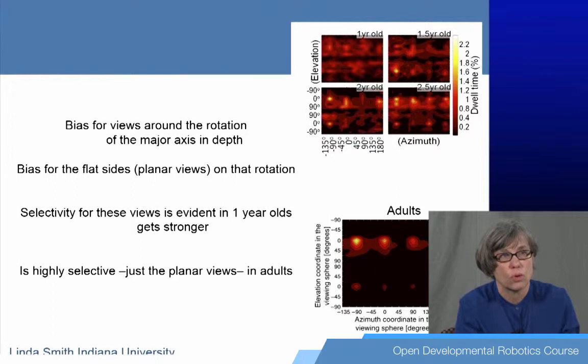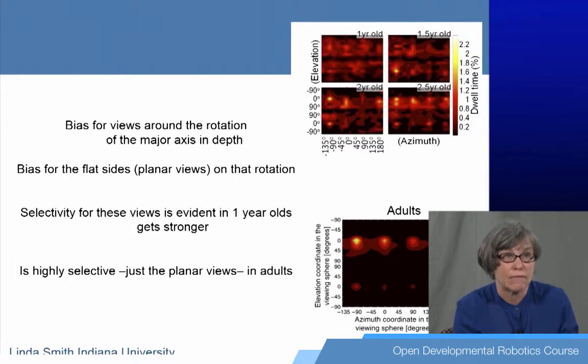So why is this important? This bias for views around the rotation of the major axis in depth is generating the visual statistics on which 3D object recognition will depend. The bias for the flat sides, the planar views on that rotation, are giving the statistics for the specific views that will be stored and have a high resolution of storage.